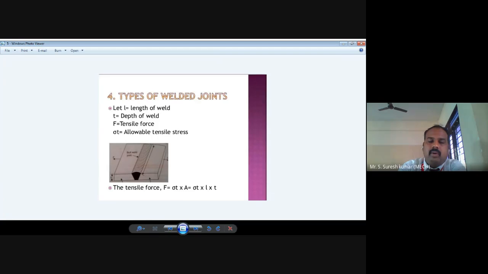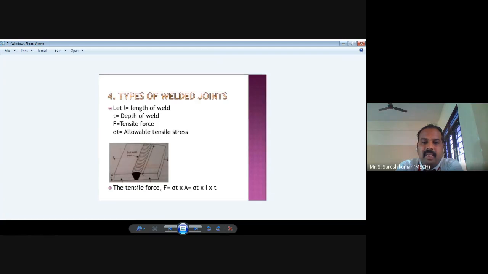The two plates are arranged in a T shape, the English alphabet T, which means located at right angles to each other, and the overlapping edges are welded by fillet weld. The fourth one is the corner joint. In this type of joint, two plates are arranged at right angles such that they form an L shape, the capital L of the English alphabet.